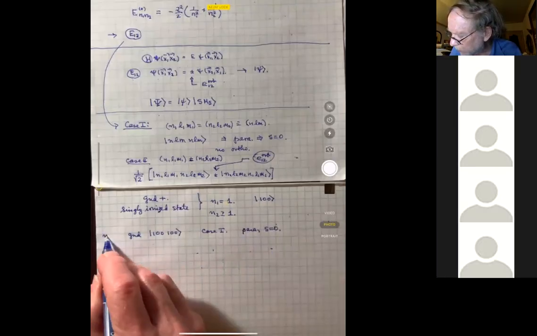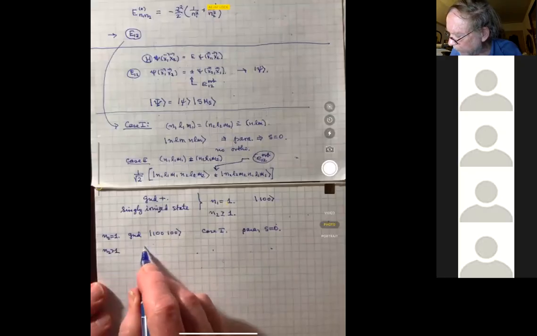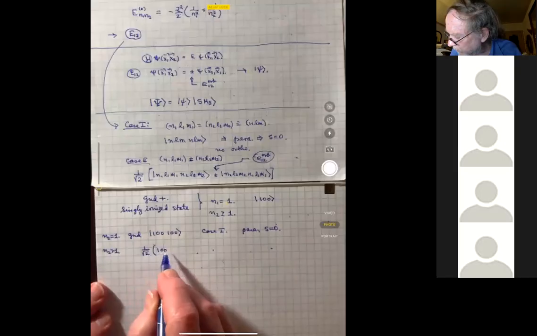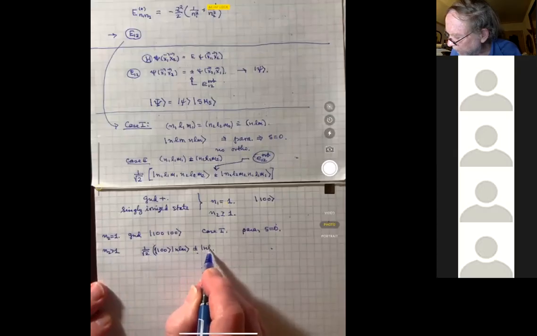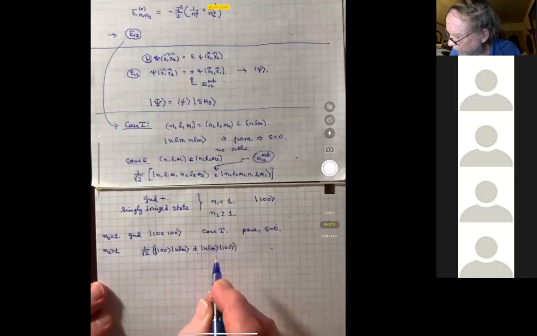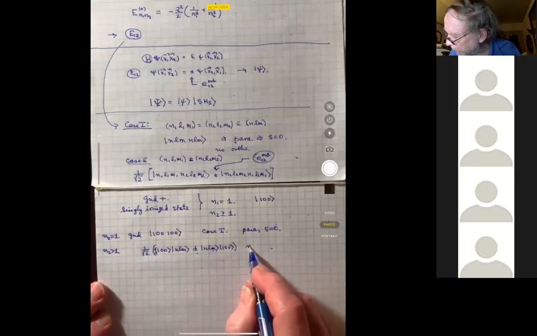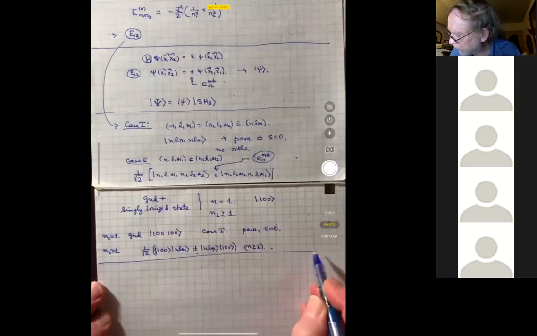This is the case where n2 is equal to 1. But if n2 is greater than 1, then we have 1 over root 2 of |100, nlm> plus or minus |nlm, 100>, where the n here is the same as the n2. n is greater than or equal to 2 here. All right, and this is case two.